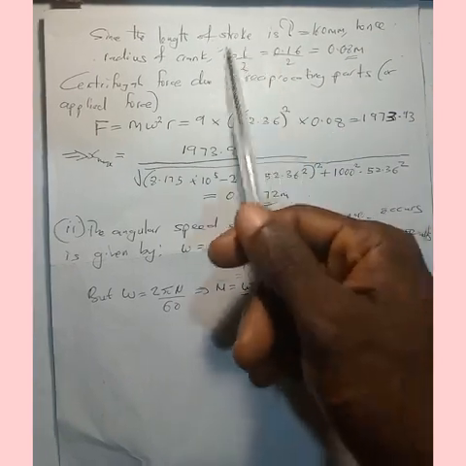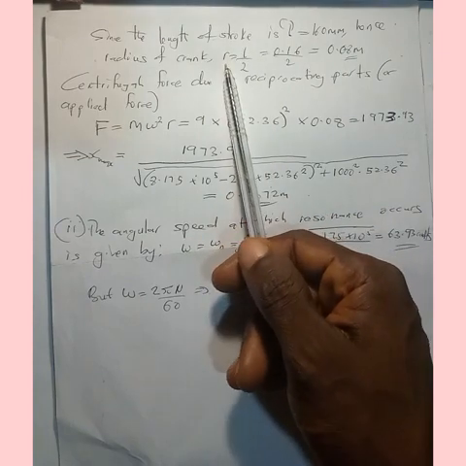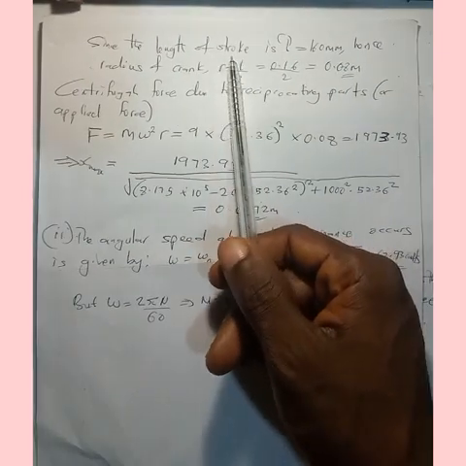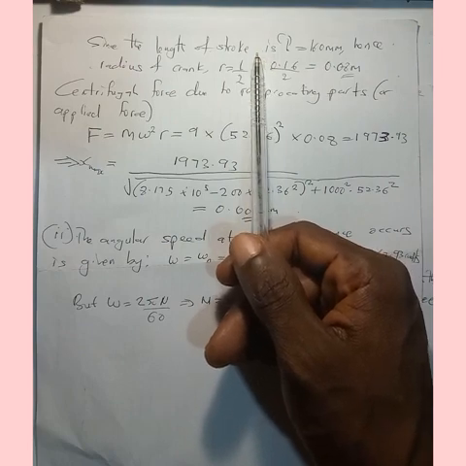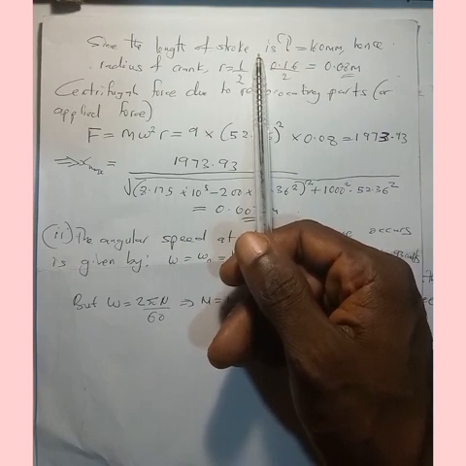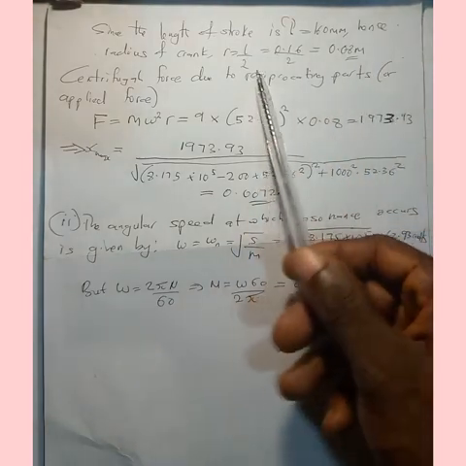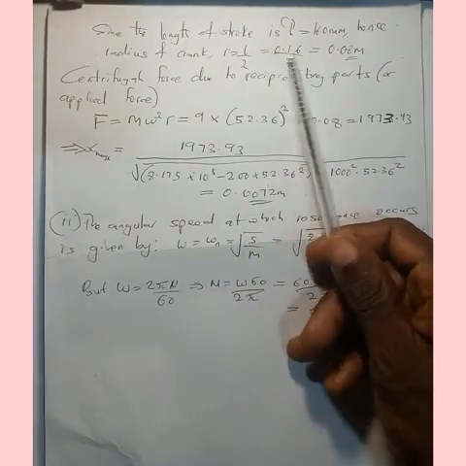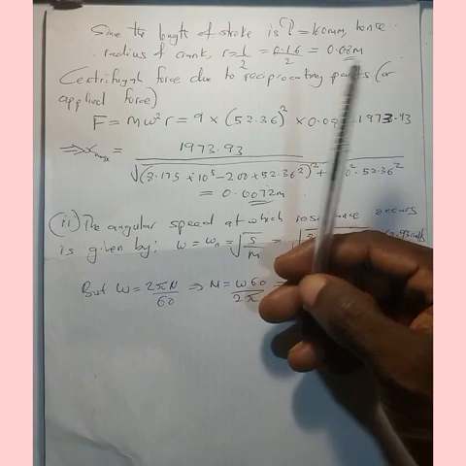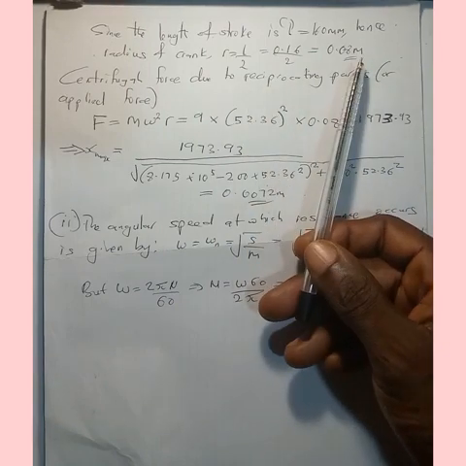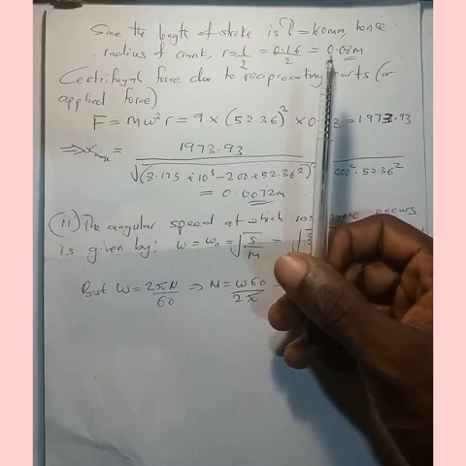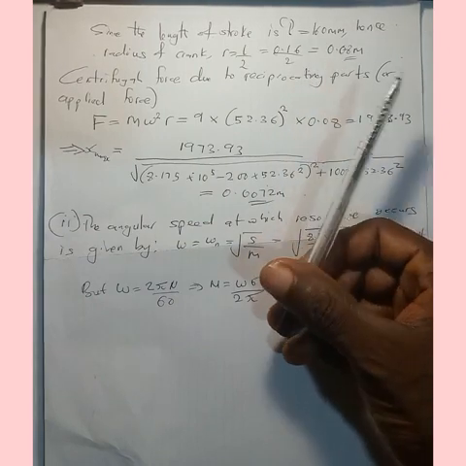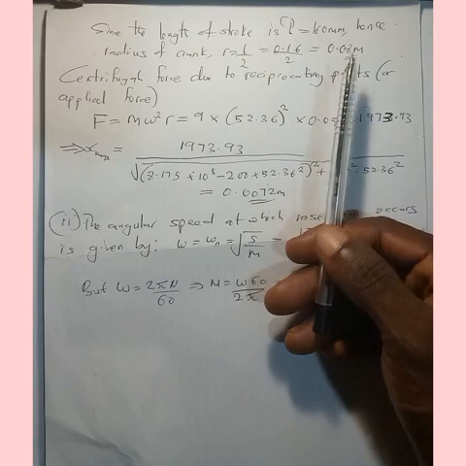This is the relationship between the radius of the crank and the length of stroke. When we are talking of stroke, we are talking of movement from the top dead center to the bottom dead center by the piston, which is connected to the connecting rod.